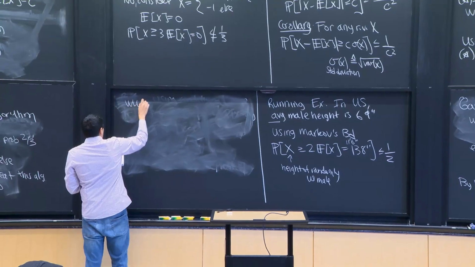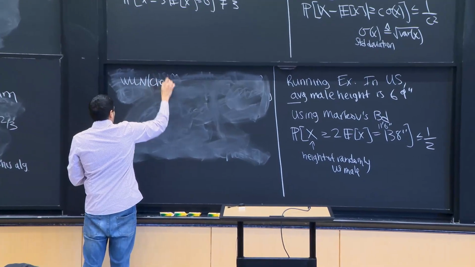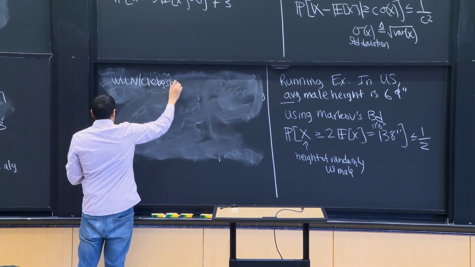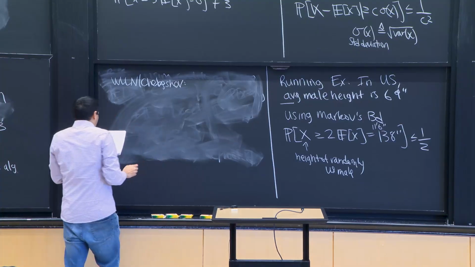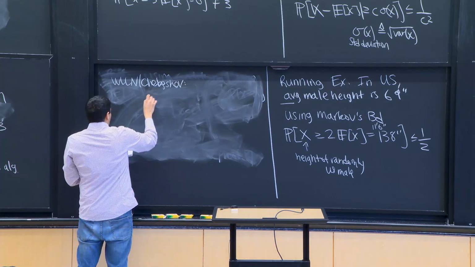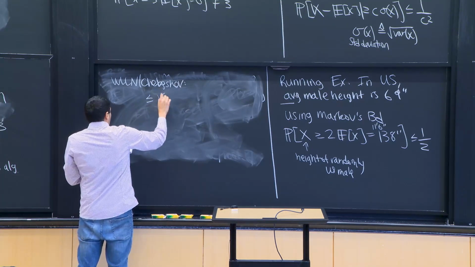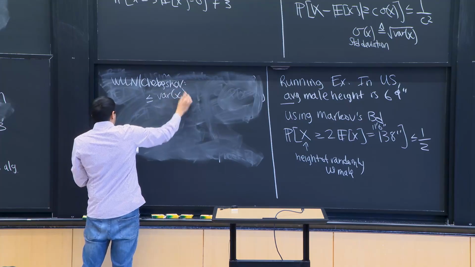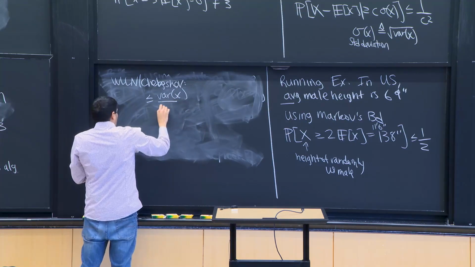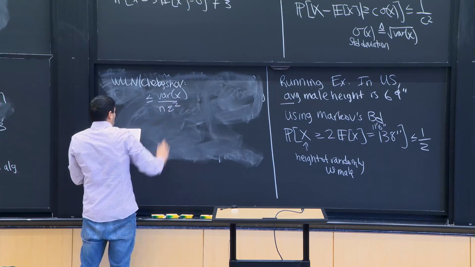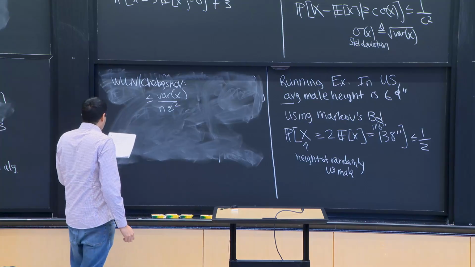The weak law of large numbers, our Chebyshev proof that gave us a quantitative bound, tells us that the probability of failure is bounded by the variance of x over n epsilon squared.